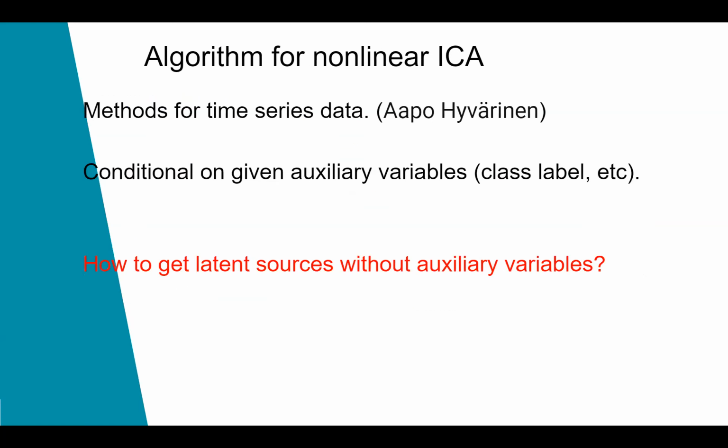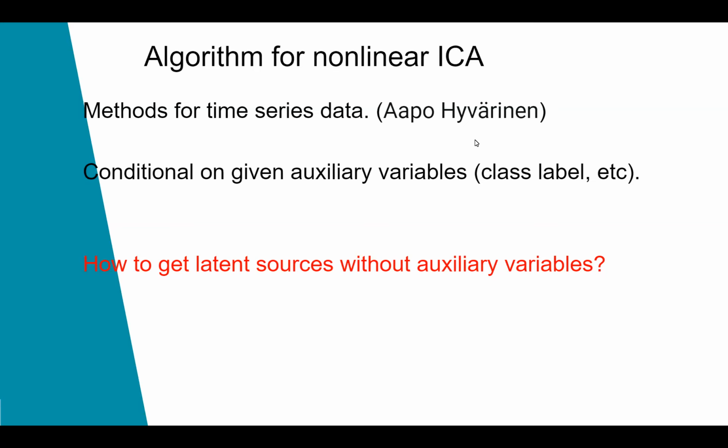People do have many algorithms to resolve the nonlinear ICA problem, including some special cases on time series data, and they use segmentation methods for their weights. I will not go through their algorithms, but if anyone wants to, please stop me.